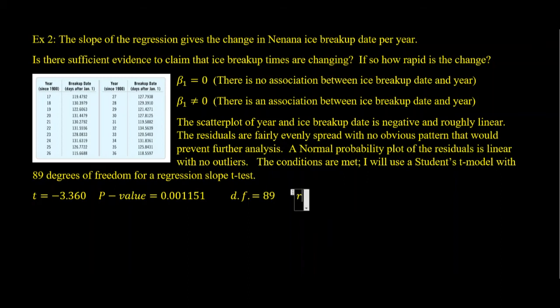R squared, the variance, is 0.1125, and our R, the correlation, is negative 0.335, so it's not a very strong correlation, but it is there.